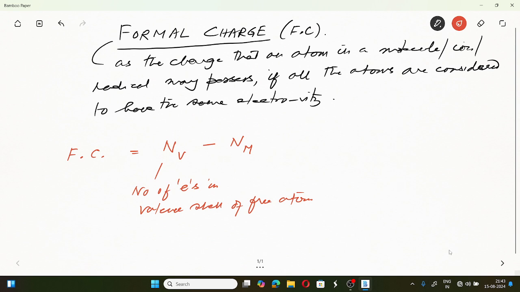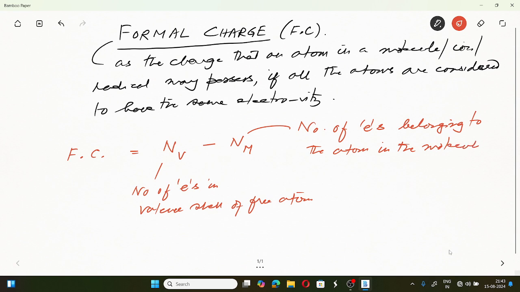And Nm is the number of electrons belonging to the atom in the molecule.